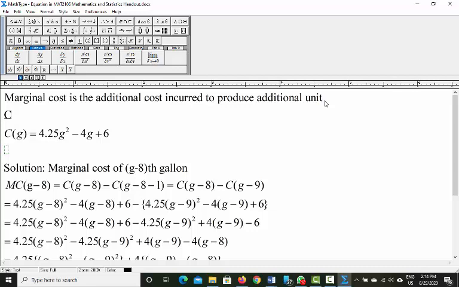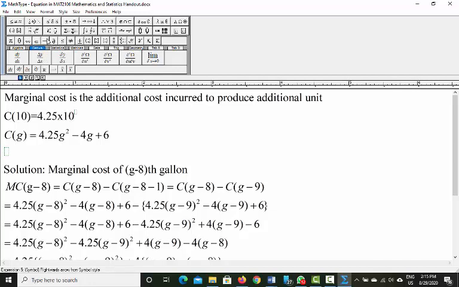For example, the total cost of producing 10 gallons of soybean oil will be what? 4.25 multiplied by 10 squared minus 4 multiplied by 10 plus 6.